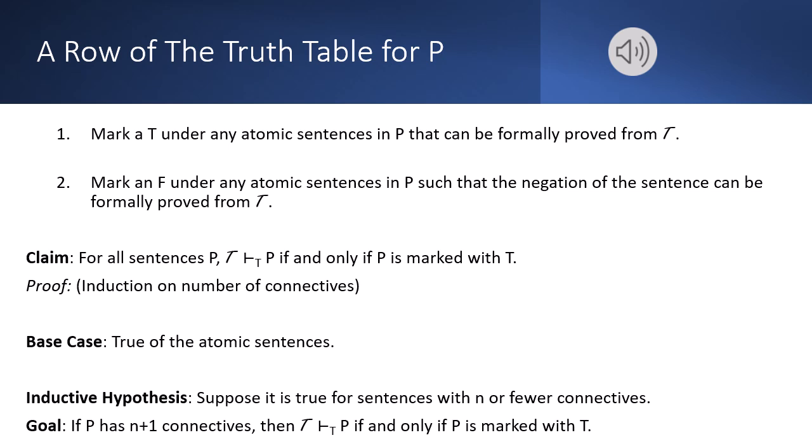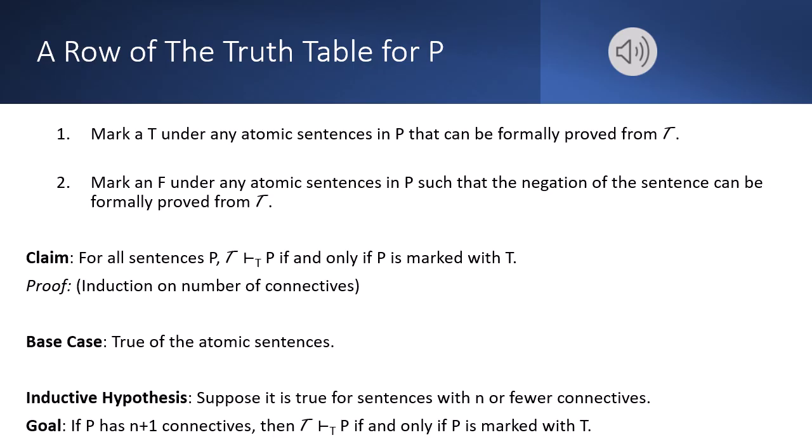Mark a T under any atomic sentences in the sentence P that can be formally proved from T. So again, here we're constructing the truth table for P. Presumably it has some atomic sentences in it.